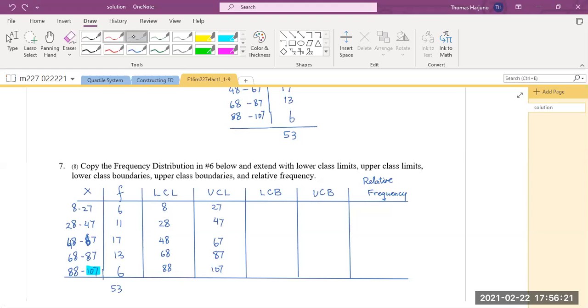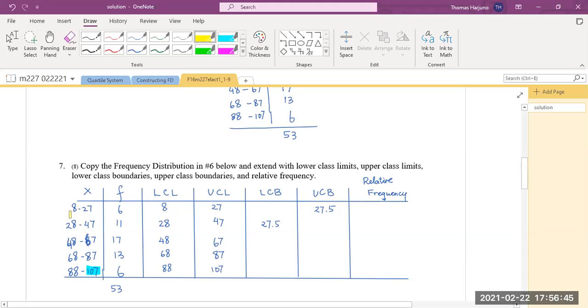Now, how about the lower class boundaries and upper class boundaries? I will get this first. 27, 28. The midpoint is 27.5. That's the fence, which is shared with the neighbor.